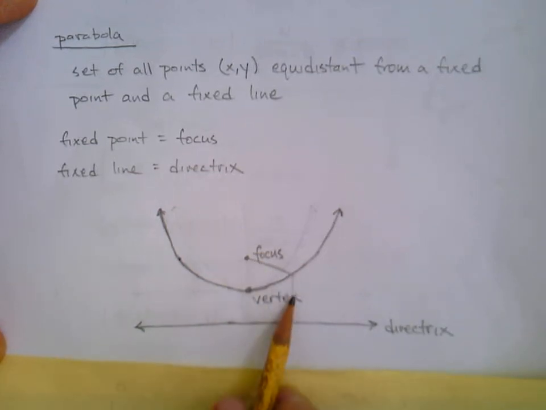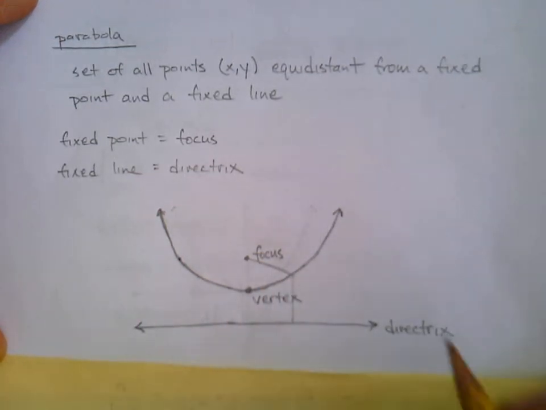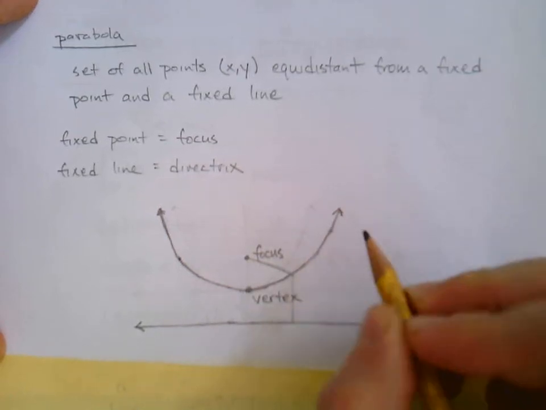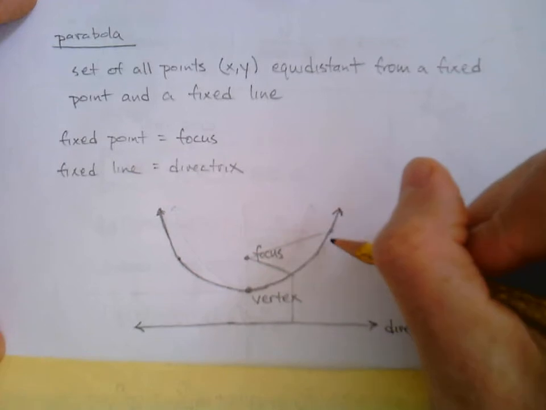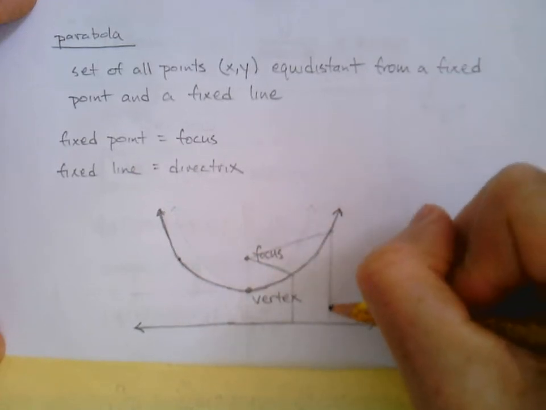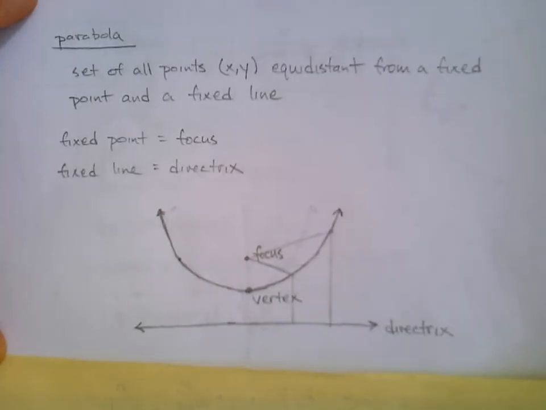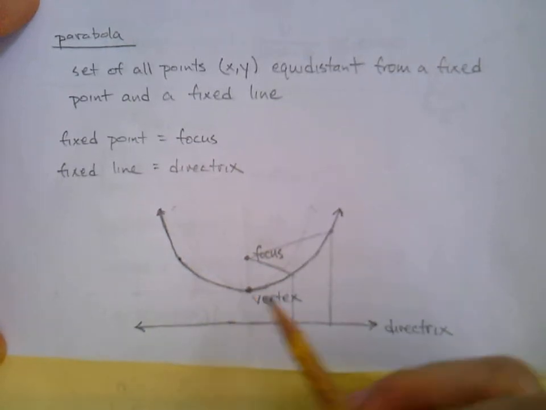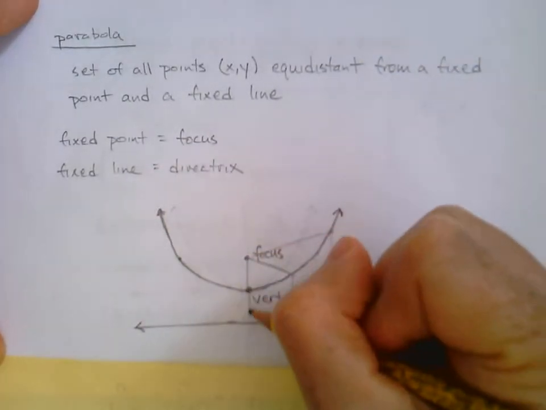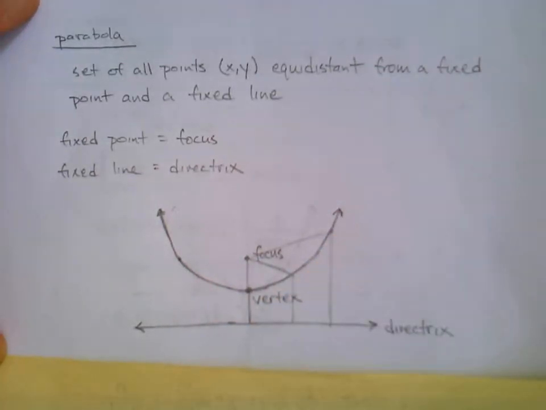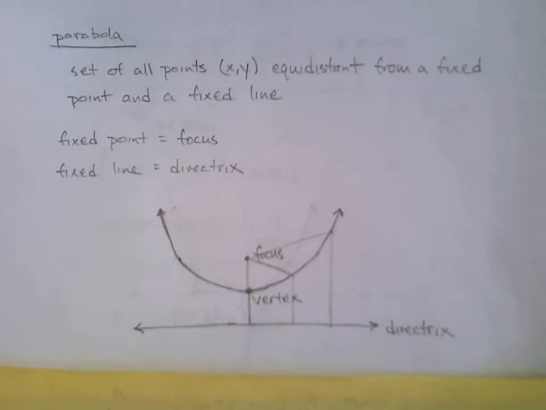So that distance and that distance, wherever you look, if you were to look way up at the top here, that distance is the same as this distance straight down to the directrix. A really important feature is even right there at the vertex. That distance there is the same as that. So the vertex is the same distance away from the focus and directrix. It's just right there in the middle.